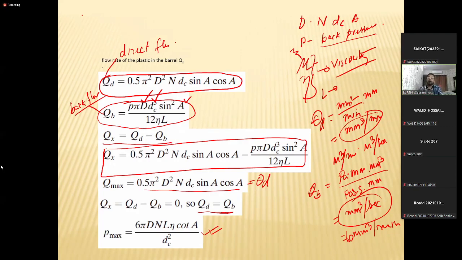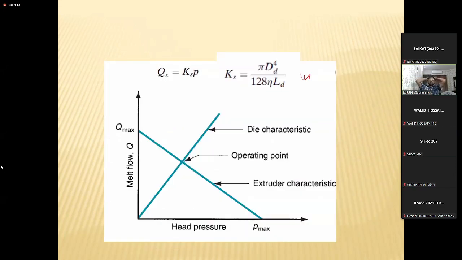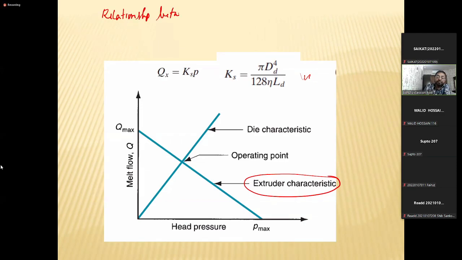Okay. Now let us go to our next slide. We have already told you that one of the topics we are going to discuss today is extruder characteristics. The extruder characteristics is nothing but a relationship between the flow and pressure.